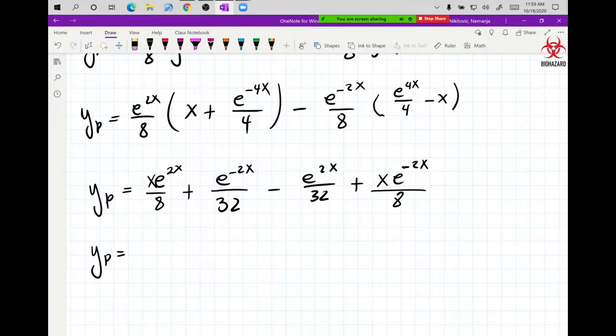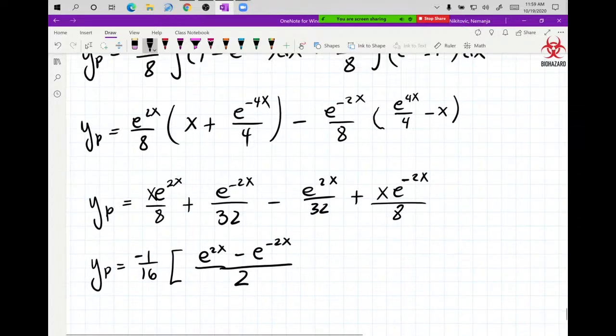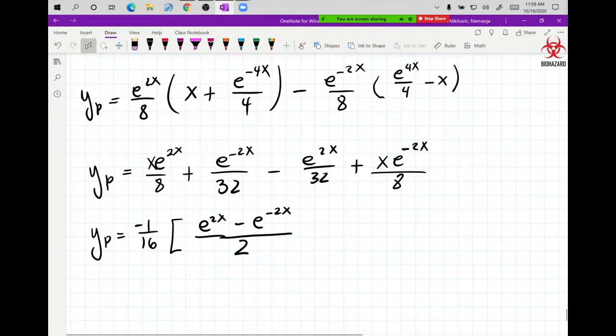So if we start with a 32, I'm going to factor out 1 over 16. And that leaves me with negative 1 over 16, because I need a positive to be listed first. So that's e to the 2x over 2, minus e to the minus 2x over 2. There we go. So that's the first one. And then for the second one, I am factoring out x over 4.